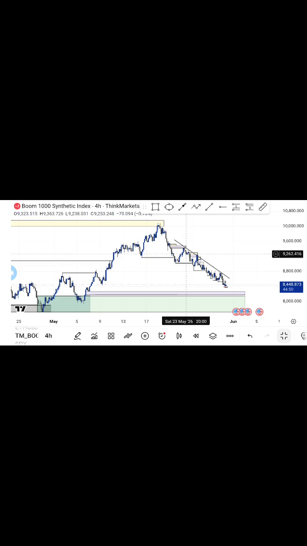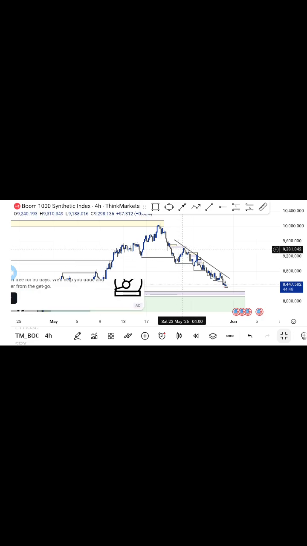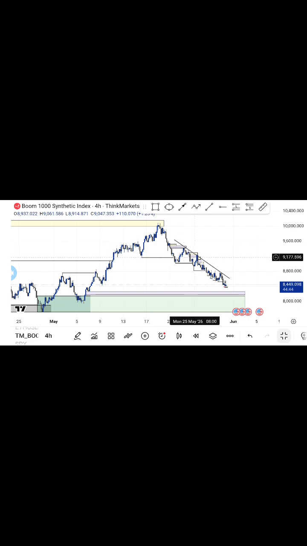The market pushed towards this imbalance, which is our FVG. The market respected it and pushed back again, creating another new break of structure right here. We have this imbalance, our order block. The market pushed back to our order block, respected the zone, then started crashing down.